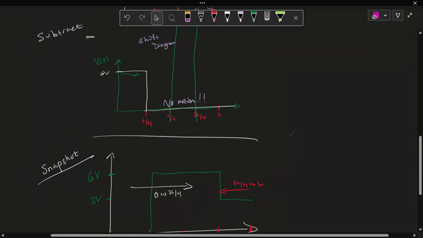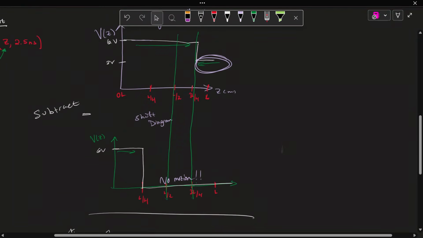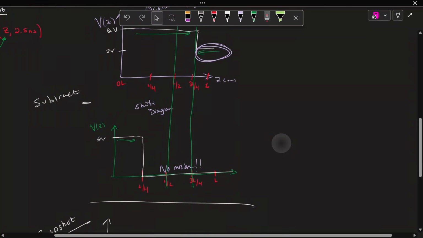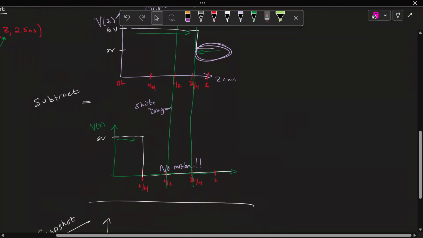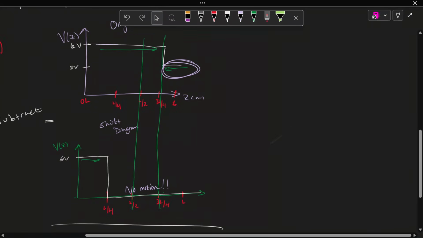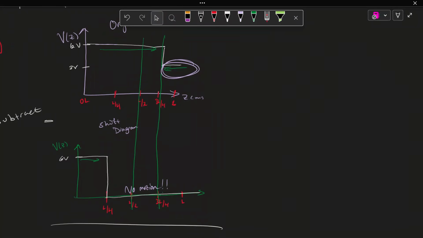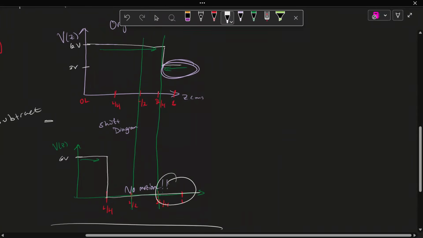Now, what if whenever you subtract, the arrows were going in opposite directions of each other? Well, when you subtract them, you take the one that has the largest magnitude. Say, for example, on this one, instead of it being 0 volts from 3L over 4 to L, it went back up to 6 volts, but going to the right.